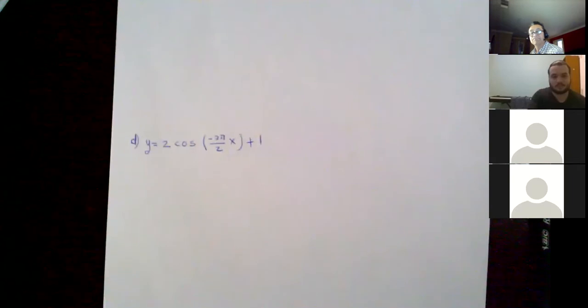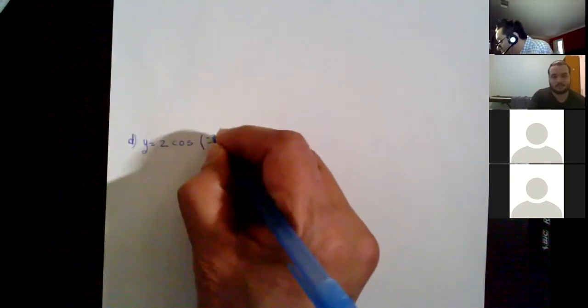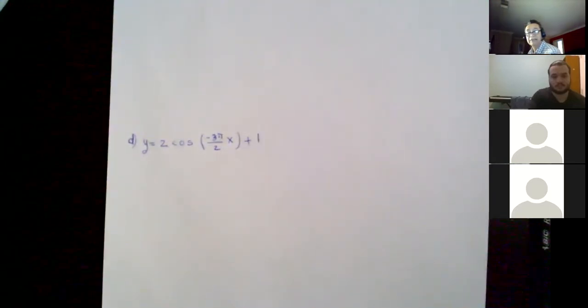So notice we have cosine of negative 3 pi divided by 2x. But we know that the cosine is an even function, right? So instead of using that negative in that argument, I'm going to change it to positive because it is going to be the same.